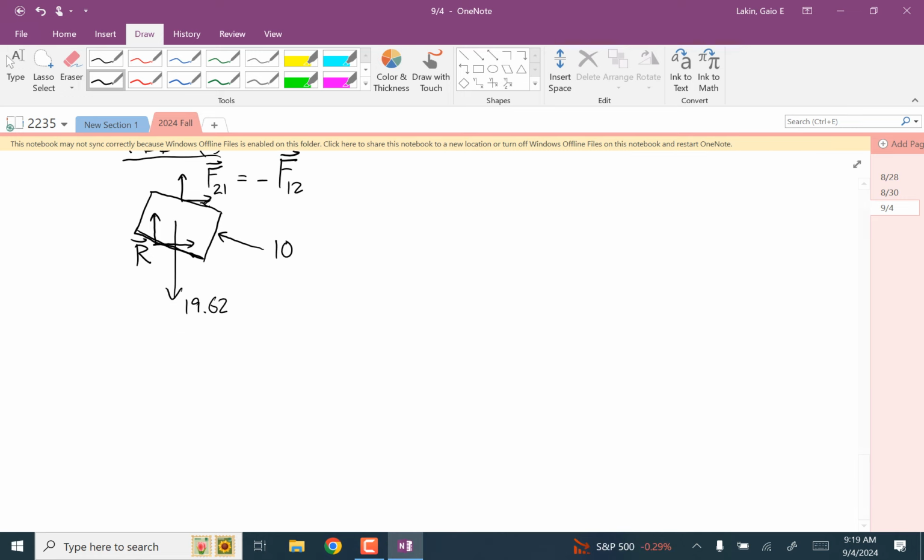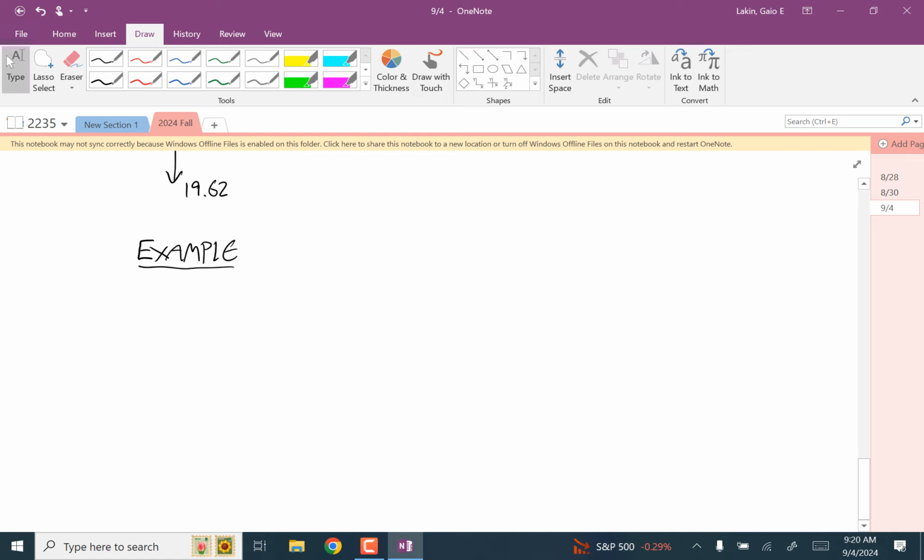Okay, so this was just the free body diagrams. Now I'm going to do a problem where we'll do the free body diagrams and then we'll actually do the calculation. So let's say we have a ramp that makes an angle of 20 degrees with the horizontal. And there's a pulley here.